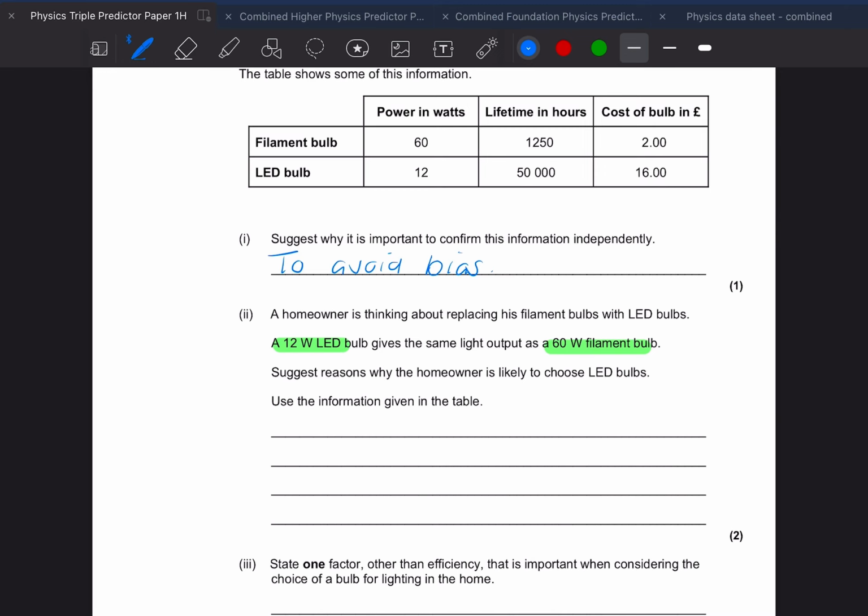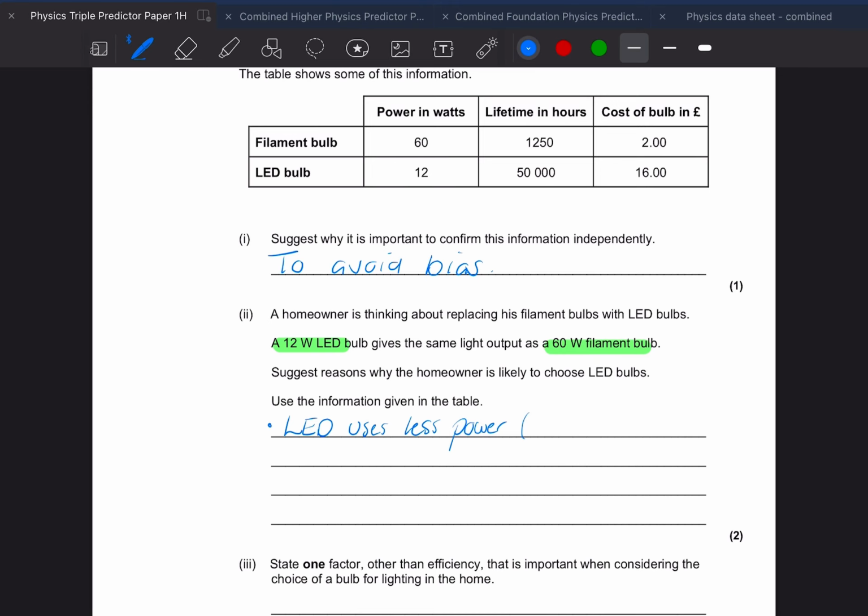Well, first off, the lifetime in hours is more for the LED, and also it's going to use less power. So if it's going to use less power, it's going to be using less input energy. So we can call that reason 1. The LED uses less power. Brackets. Why is that good?